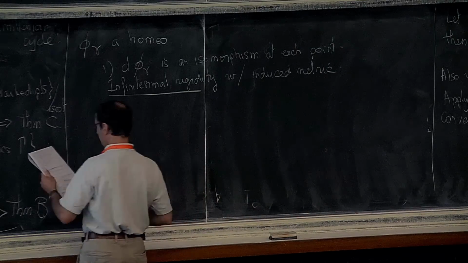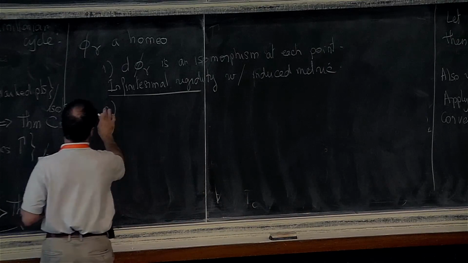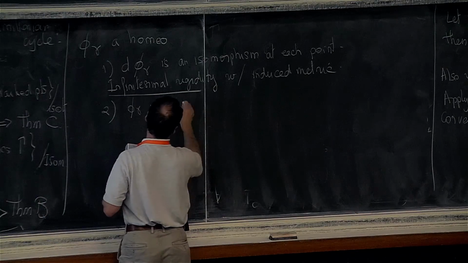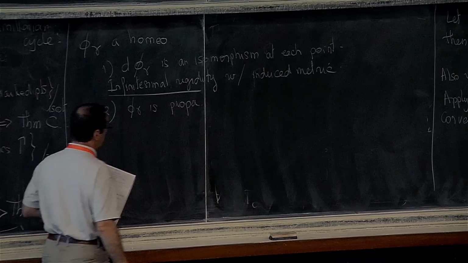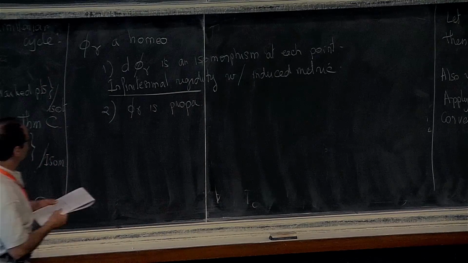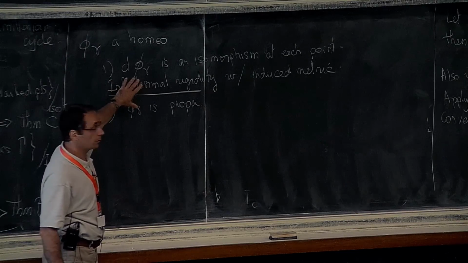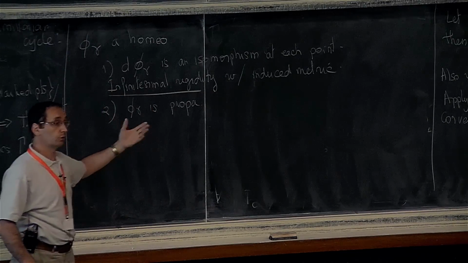Now, the second thing you have to prove, and this is maybe a more technical aspect, is that phi gamma is proper. Basically, if you know that the differential is an isomorphism, you know that phi is a local homeomorphism. If it is proper, then you know it's a covering map.